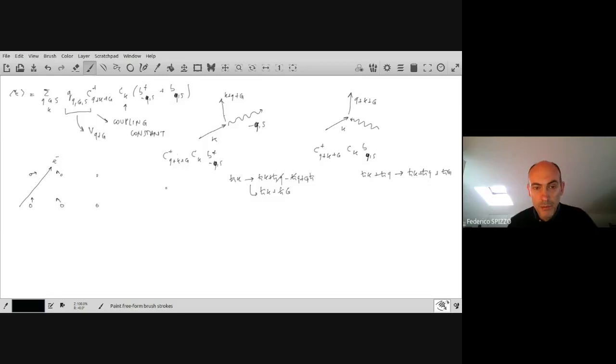This is another situation where we have the conservation of crystal momentum, but not strictly, but within an additive vector G, where G belongs to the reciprocal lattice.